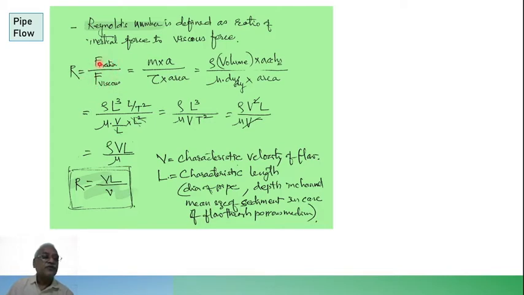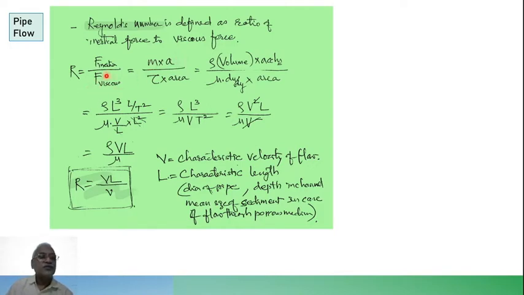Because it is a force to force ratio, the Reynolds number will not possess any units as such. It is a pure number. That's why it is called a number. Now what is inertia force? You know that whenever there is a mass of fluid which is flowing with some acceleration, that m into a is known as inertia force.